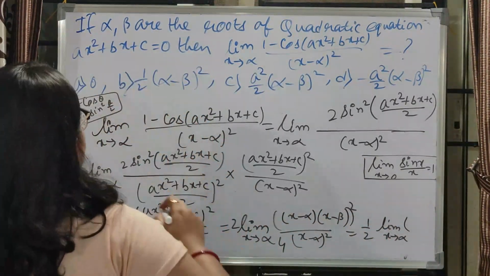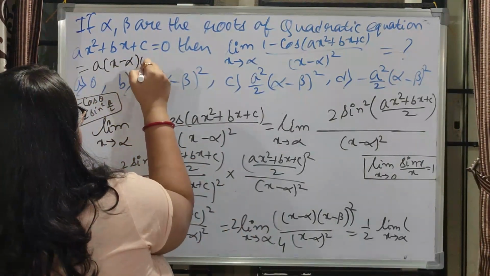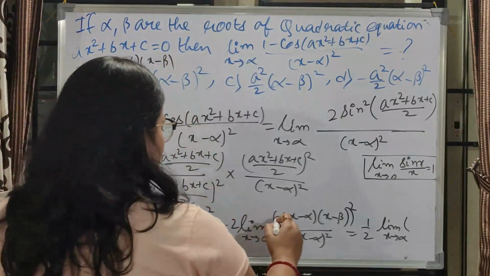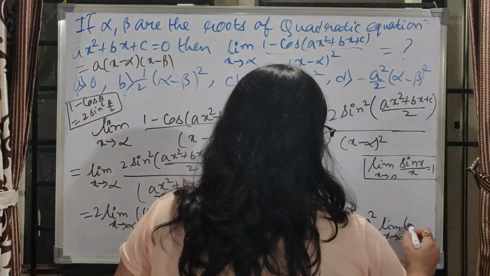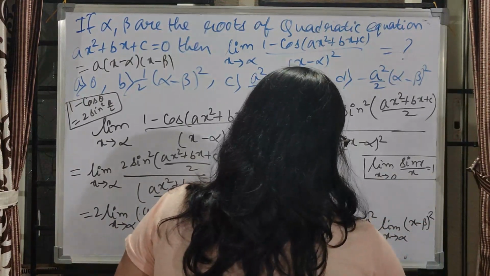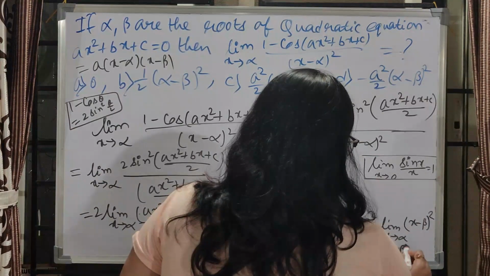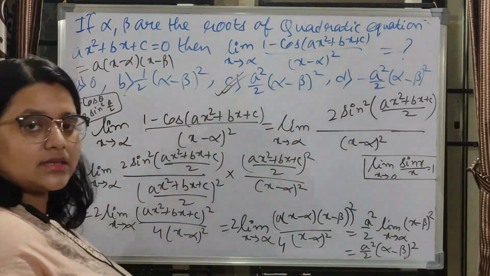Sorry, this we can write as a into (x minus alpha) into (x minus beta) basically. So here a square term will come out, and here (x minus beta) whole square. So this is a square by 2 into (alpha minus beta) whole square. Now see the options. Option C is the correct answer.